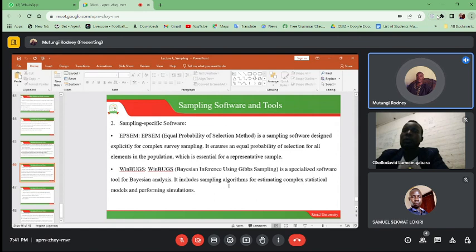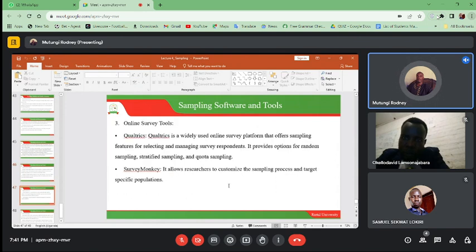Then we have EPSEM, which is also more of a sampling specific software that will enable you to engage in sampling, which is a bit complex. And then WinBUGS, we have Qualtrics, which can be done online.